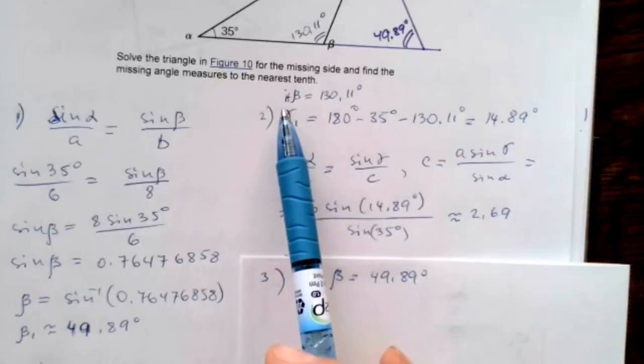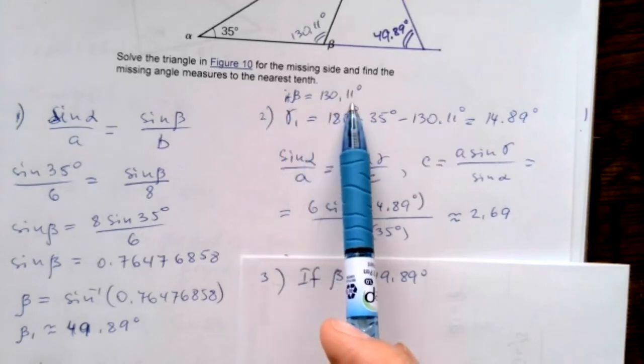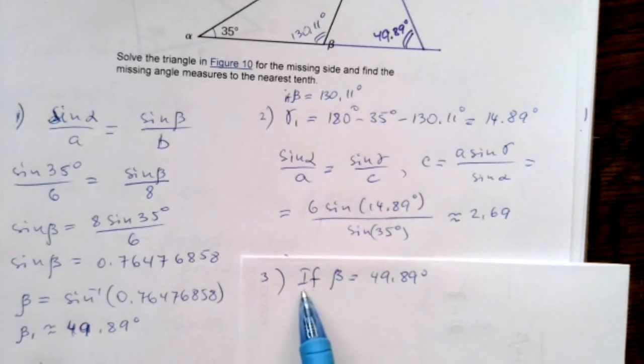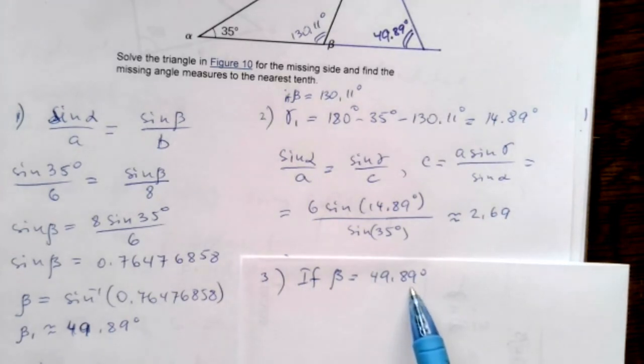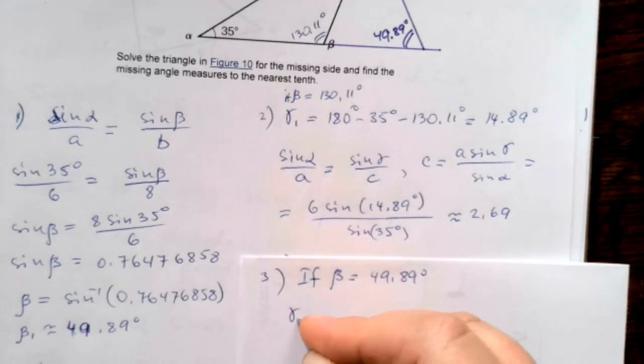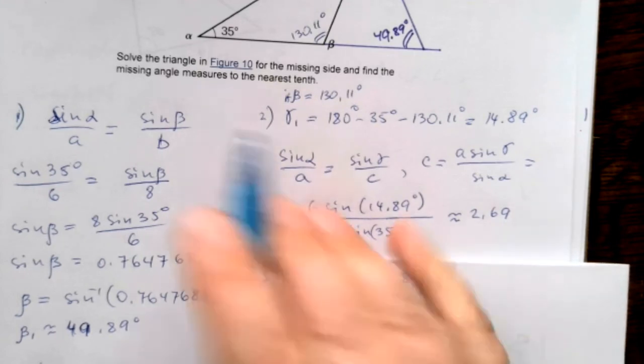So our case 2 was for when beta is 130.11 degrees. Now the second case is if beta is 49.89 degrees, then let's see what happens. In this case, our gamma is going to be 180 minus 35.